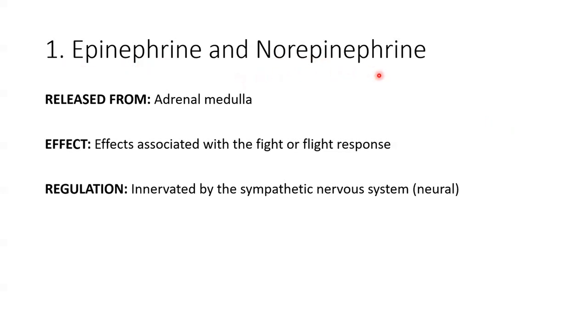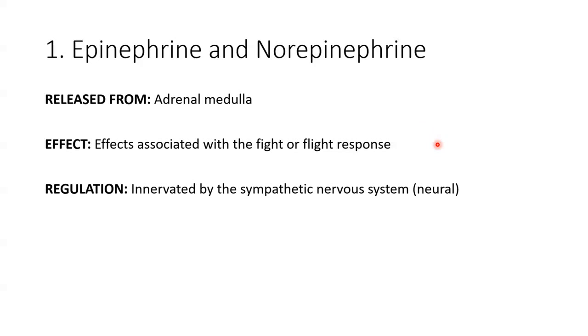Because these two hormones are released in the same way and have the same effects, again, we group them together. The effect of these hormones is that they intensify the sympathetic response that occurs in all different parts of the body with that fight or flight response.